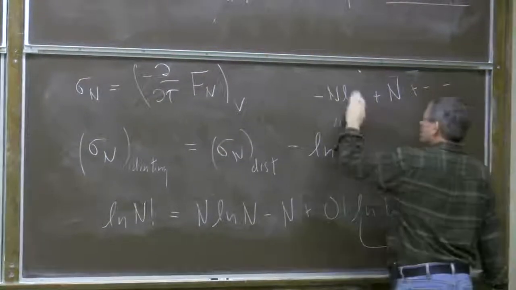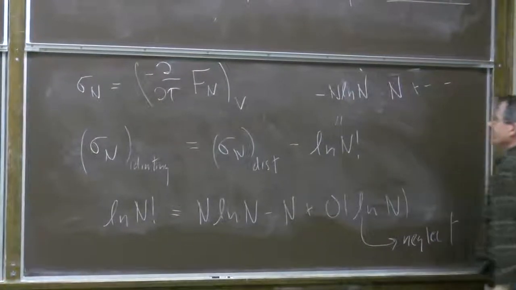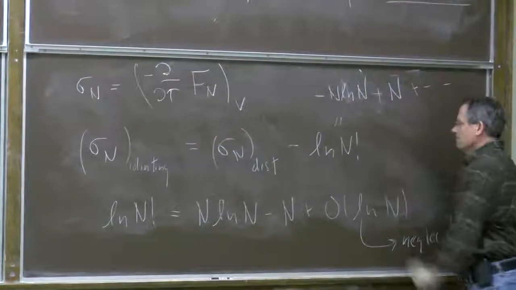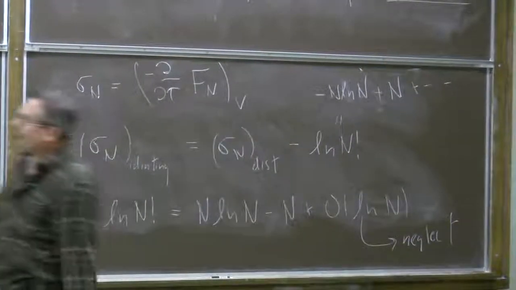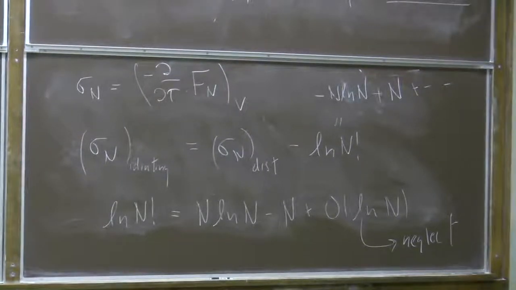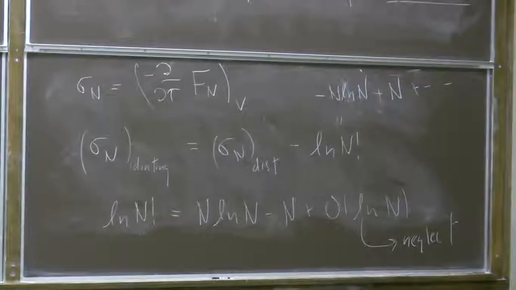And that should be log n, natural log of n, and plus n, because there's a minus in front. And that gets rid of the offensive n log n. It also adds to the term linear in n, 3/2 n, another n, so it becomes 5/2 n.